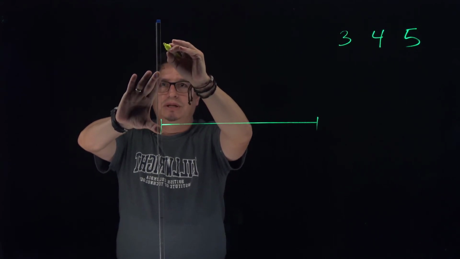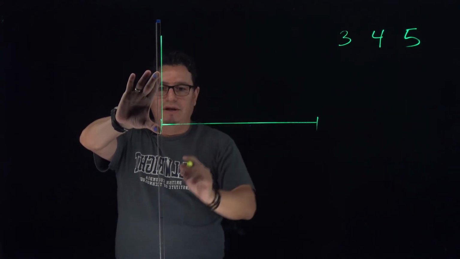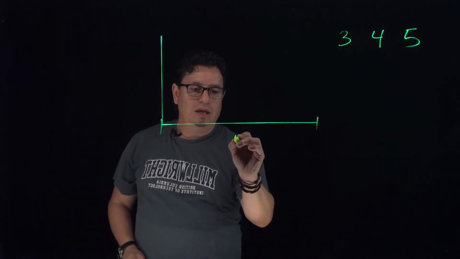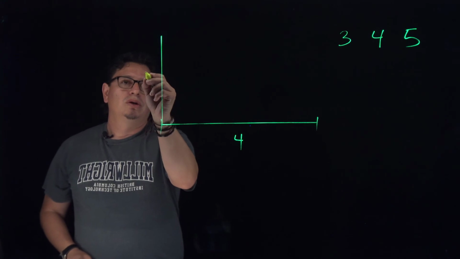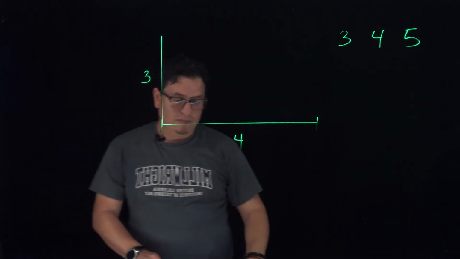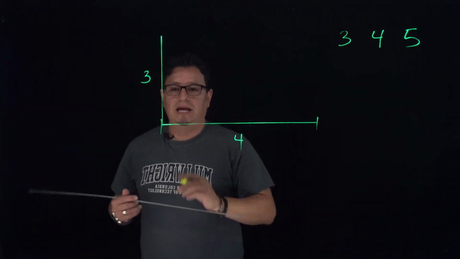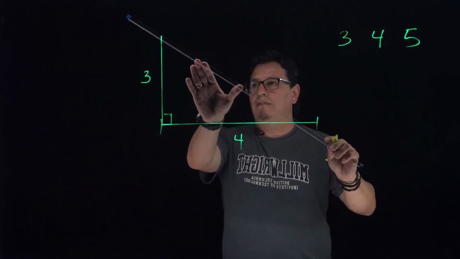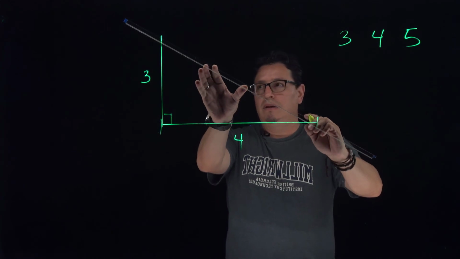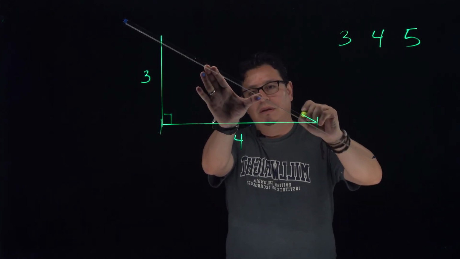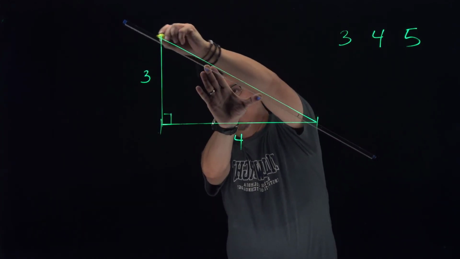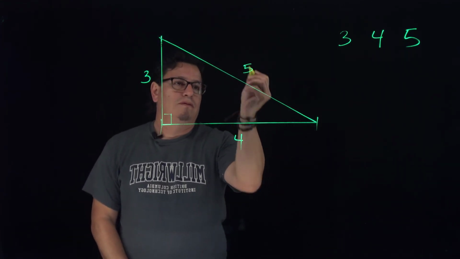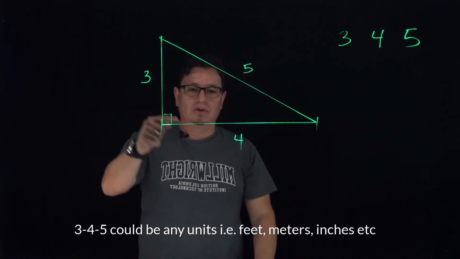Let's just pretend here that we will have measurements to it. So this would be 4, so this would be 3. And if this line is perfectly 90, you would have five. So this is our 3-4-5 method.